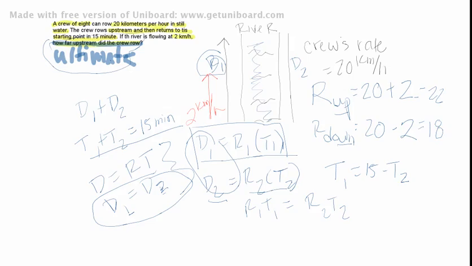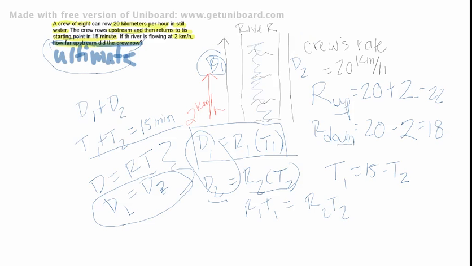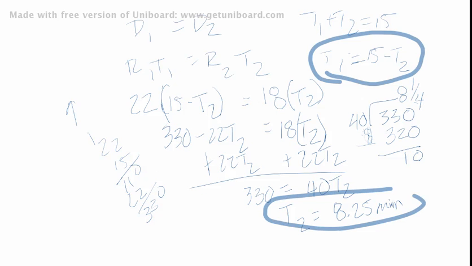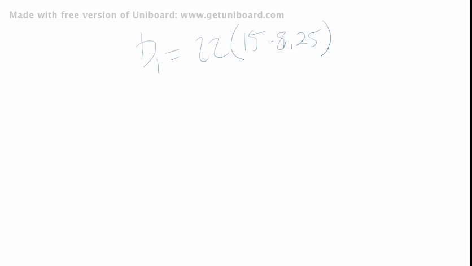So distance 1 equals 22 times 15 minus 8.25. And remember, we said time 1 is equal to 15 minus time 2, and we found time 2 to be equal to 8.25. So we plug that into our distance 1 equation and solve.